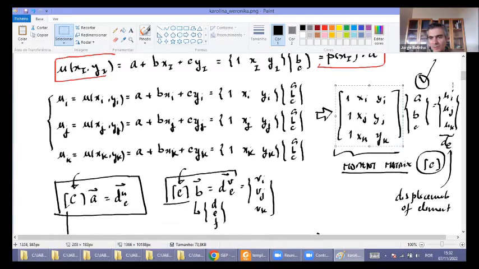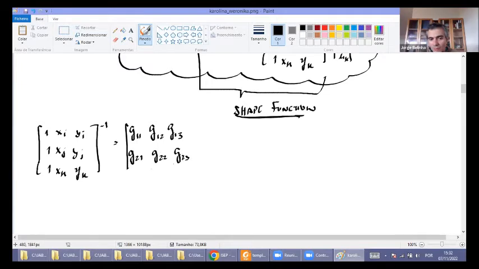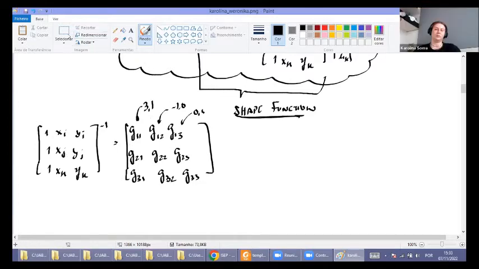I will have a new matrix, which we'll call G. All the variables will have maybe a non-zero value, unpredictable, because it depends on the position of the nodes. For example, this could be 3.1, this could be minus 1.0, this could be 0. It can be any value. These are real values inside the inverted matrix. So let it be like this.